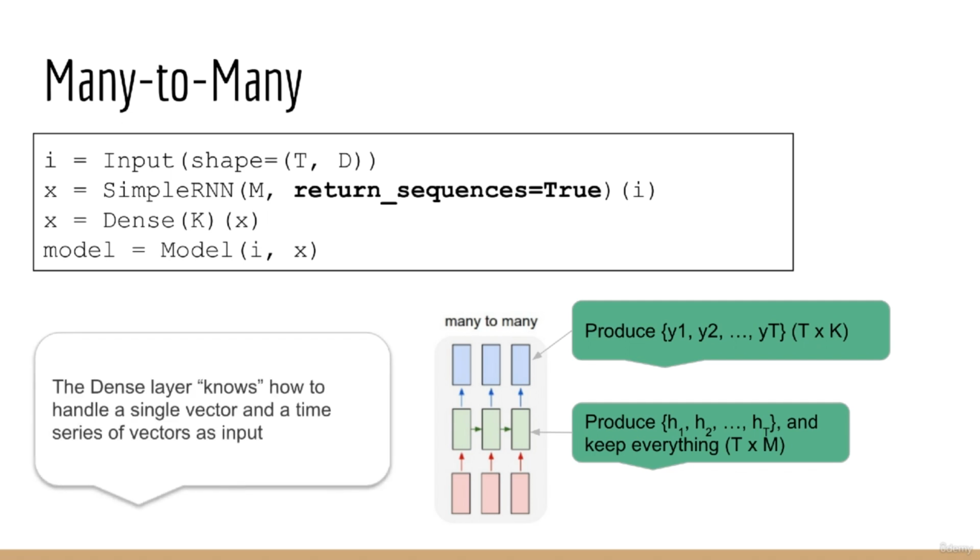TensorFlow automatically knows that the dense layer should be dealing with a time series. In other words, the dense layer works for both single vectors and a time series of vectors. If you pass in a single vector, you get back a single vector of size K. If you pass in a series of vectors, then you get back a series of vectors, each of size K.